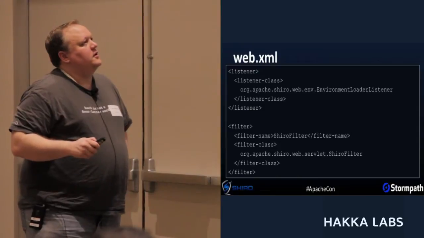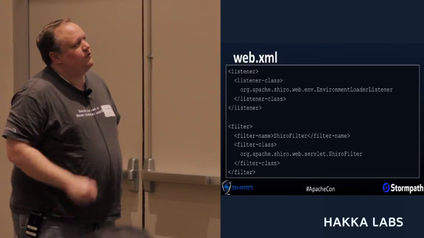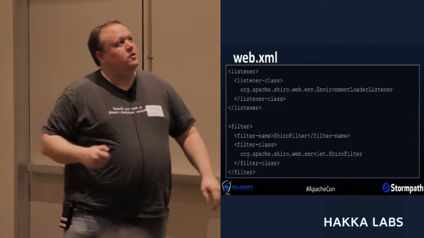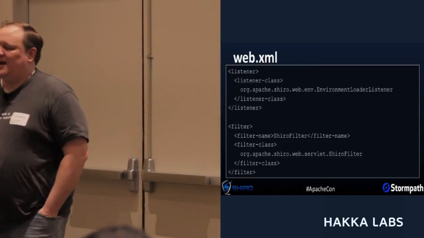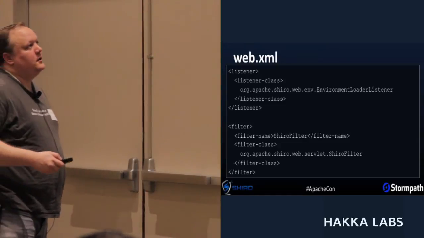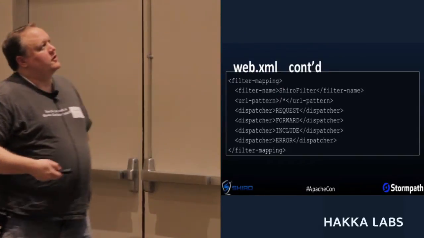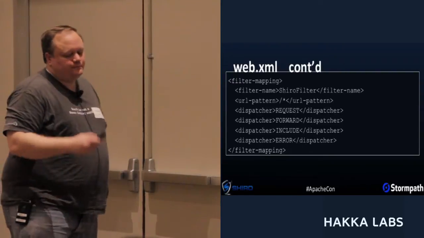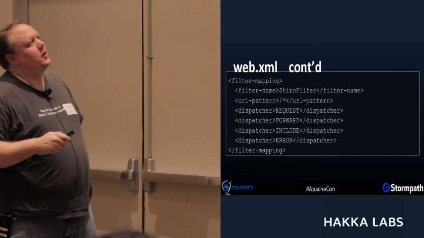Once the environment listener is defined, you then specify the Shiro filter that will use this environment in order to filter all requests and get access to all the security things it needs to get its job done. As part of the filter definition, you've got to specify a mapping that says, I want to filter every single request that goes through the app.